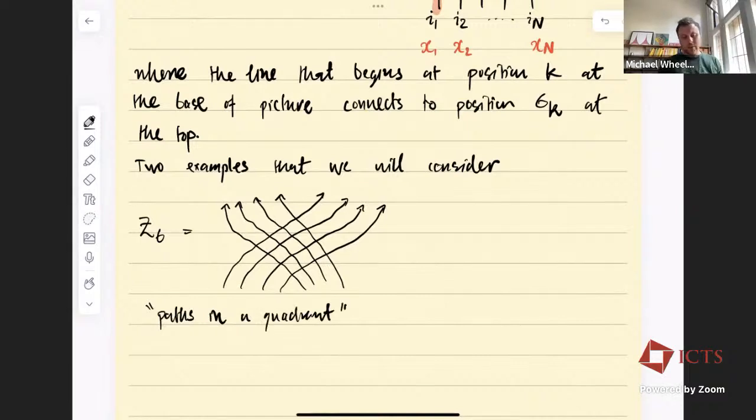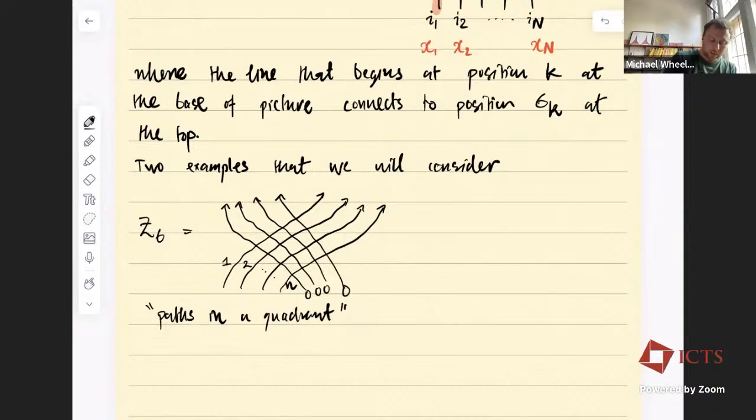Okay, so the scenario that we're going to see, just to give you a little glimpse ahead, is where I have a collection of colors that enter along these edges here. Let's say 1, 2, all the way down to n. And they're going to migrate through this lattice. Let's suppose all of these are going to be equal to 0. And they're going to terminate somewhere along the top.